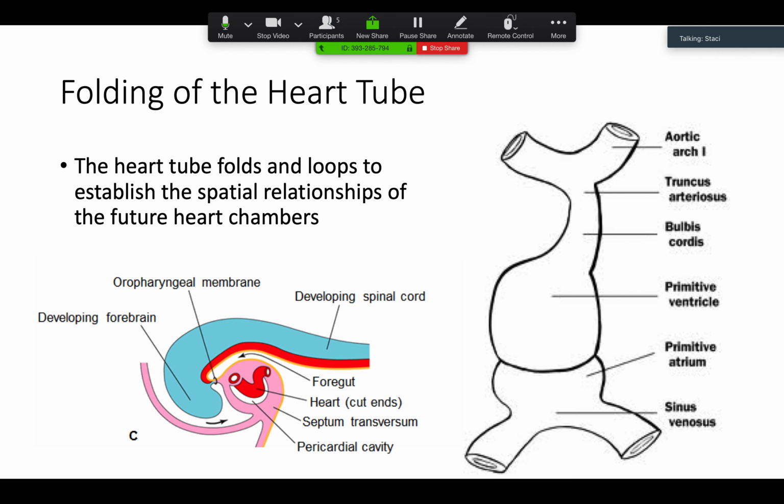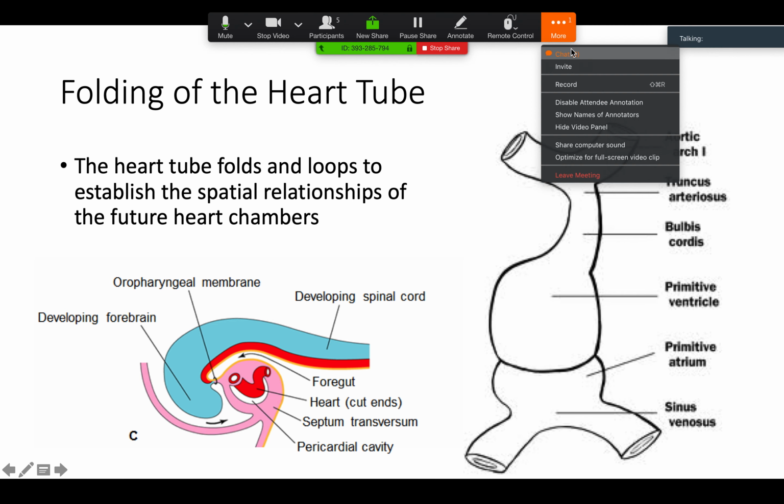I found that those questions were really similar to what I saw on the test, and it gave me a way of knowing how they could possibly ask a question about some of these malformations. But besides the malformations, it's also important to know some of these foldings and different things in development in general. So the folding of the heart tube.